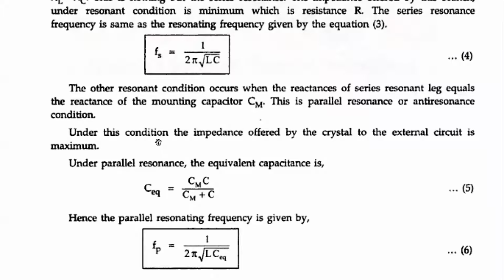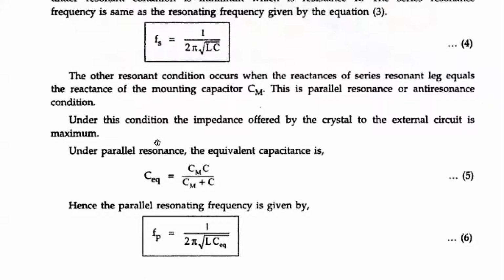In simple words, it is advantageous if we have a single frequency. This has two resonating frequencies, so there is a chance that the output signal may fluctuate between the two frequencies. Such a problem can be avoided.